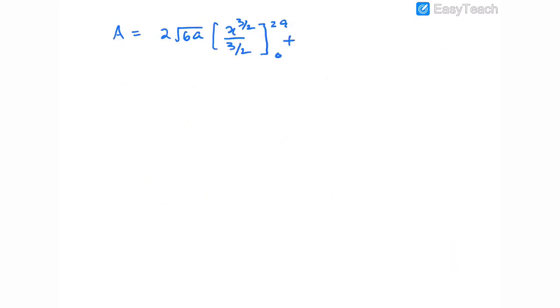So after integration, we have A is equal to 2 root 6a within brackets x power 3 by 2 upon 3 by 2 from 0 to 2a, plus 2 times x by 2 root 16a square minus x square plus 16a square by 2 sine inverse x upon 4a, and the limit from 2a to 4a.